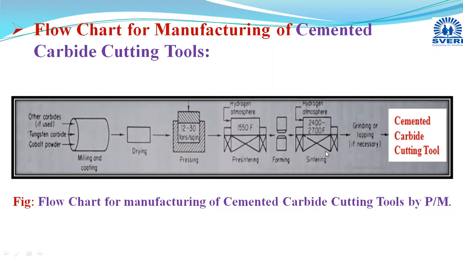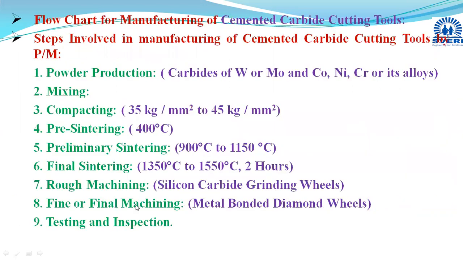Then after sintering, it is subjected to rough and fine, or final, machining. Rough machining is done by silicon carbide grinding wheels, and the final or fine machining is done by metal bonded diamond wheels.